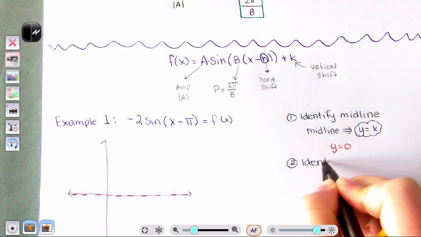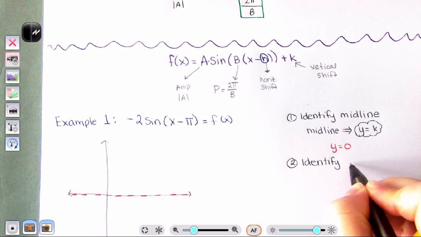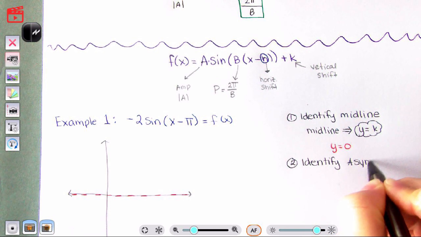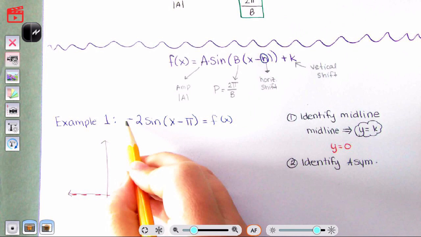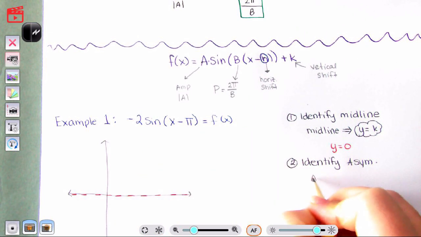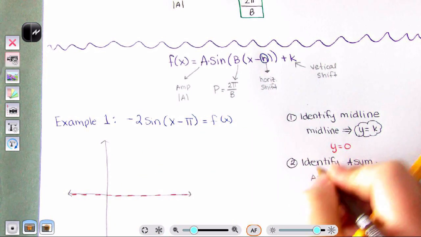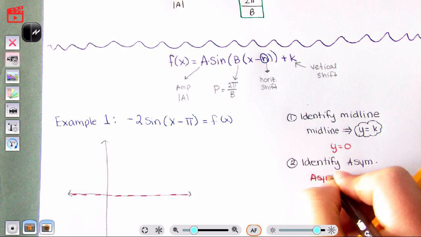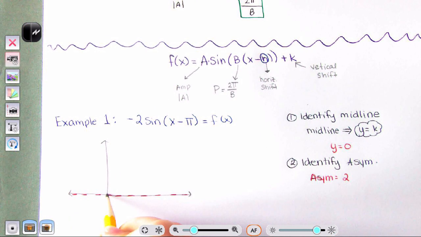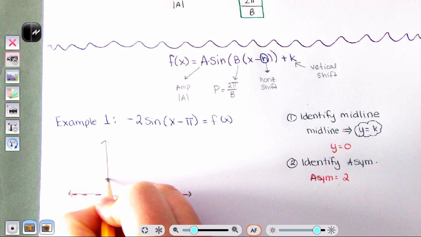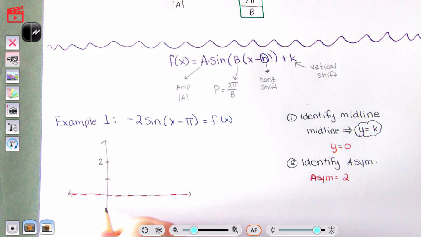Step number 2, identify asymptote. And your asymptote, again, is your absolute value of A. So our absolute value of A is 2. So from my midline, I go up 2 and I go down 2.